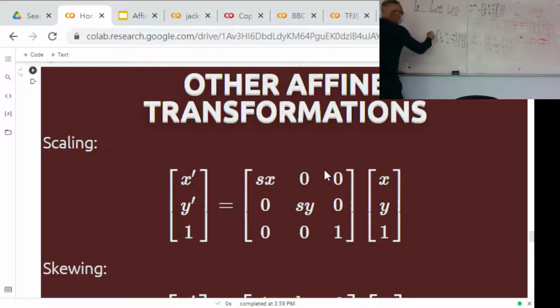Then we rotate. And after that, I need to shift it all back to where it's supposed to be.